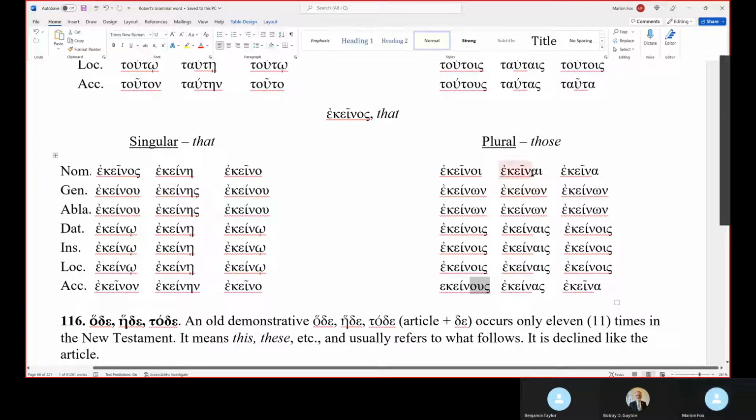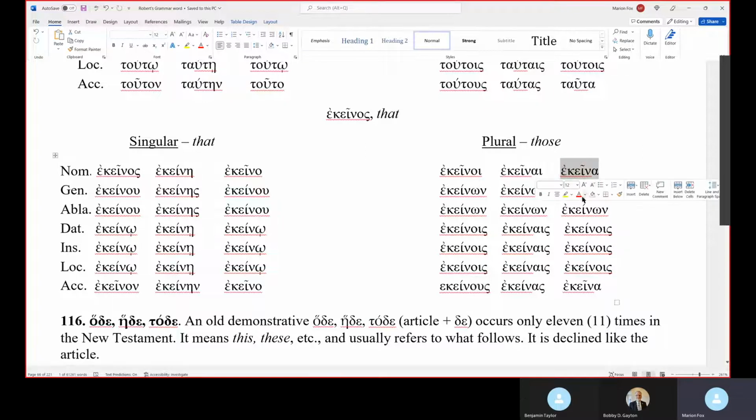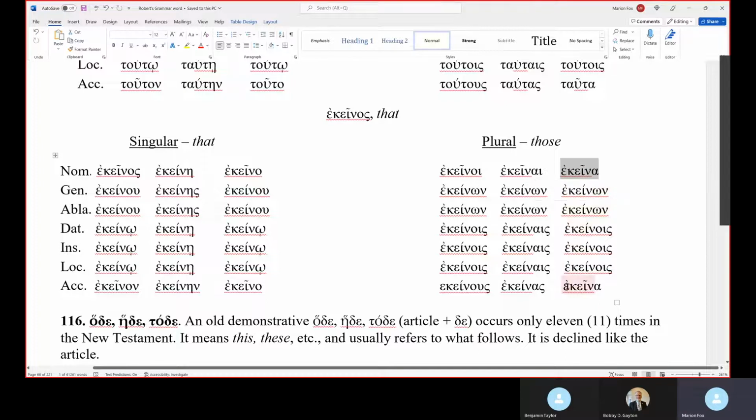Ekeinai, feminine, and then the genitive ablative are the same. Ekeinais, we have an ais instead of an ois, and ekeinas, that'd be accusative. Your dative instrumental locative for masculine is the same as the dative instrumental locative of neuter. And then, of course, your nominative plural neuter and accusative plural neuter are the same.